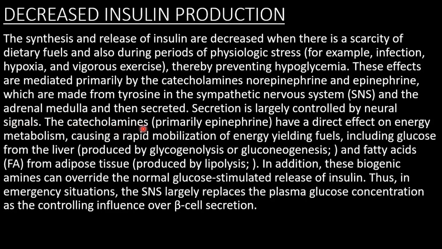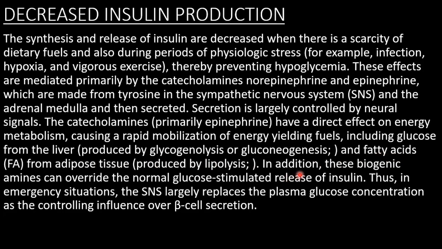Catecholamines, primarily epinephrine, have a direct effect on energy metabolism, which causes a rapid mobilization of energy-yielding fuels. So there will be a mobilization of glucose from the liver: glycogenolysis and gluconeogenesis will be increased. Also, lipolysis will be increased in the adipose tissue to increase the fatty acids available.